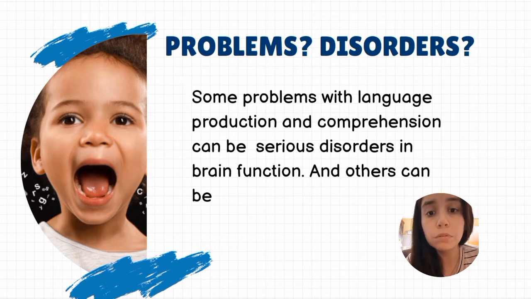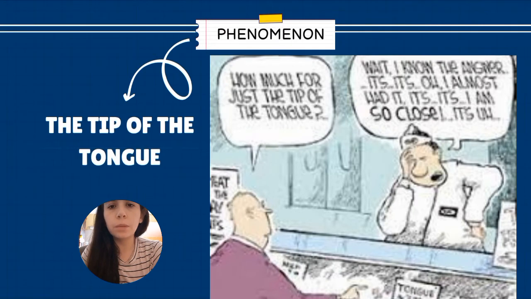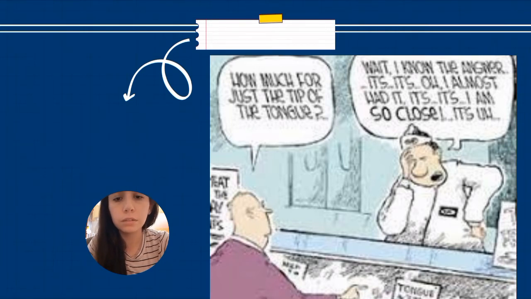One phenomenon or problem is the tip of the tongue. This is when the person can't recall a word. For example, I have this word on the tip of my tongue, but I can't remember it. The person knows the context or the meaning of the word, but he or she can't pronounce it.